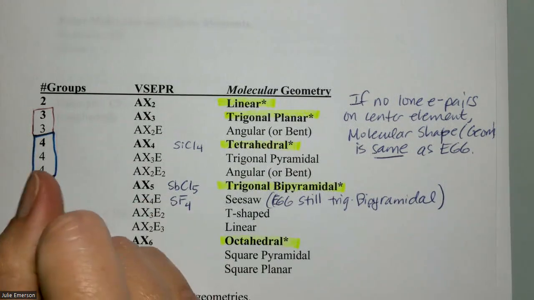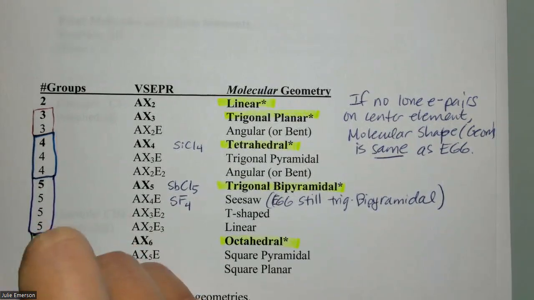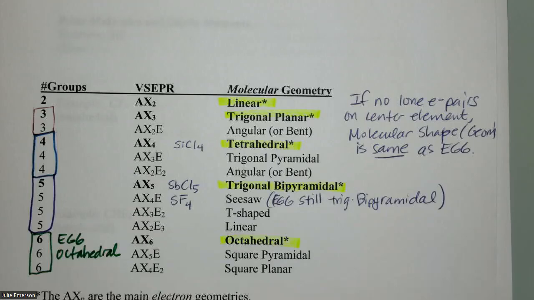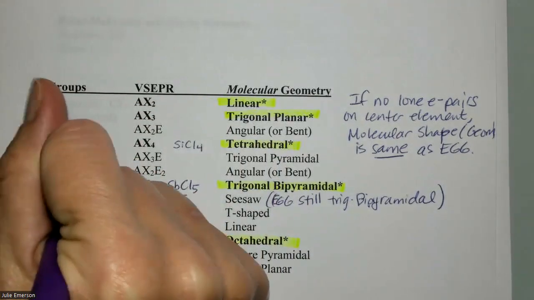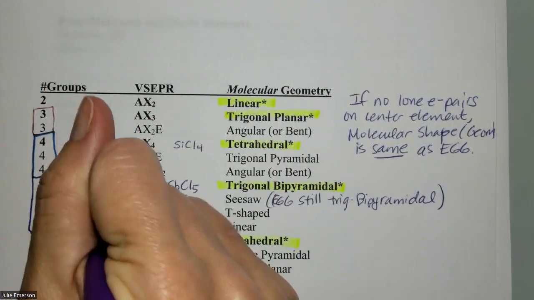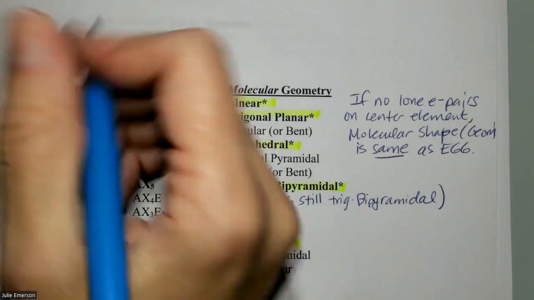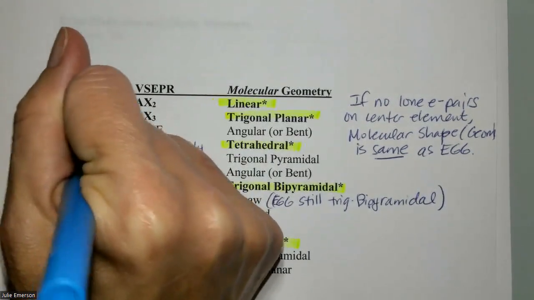If you have 6 total groups, your electron group geometry is octahedral. If you have 5 total groups, your egg or electron group geometry is trigonal bipyramidal. If you have 4 total groups, your electron group geometry is tetrahedral.